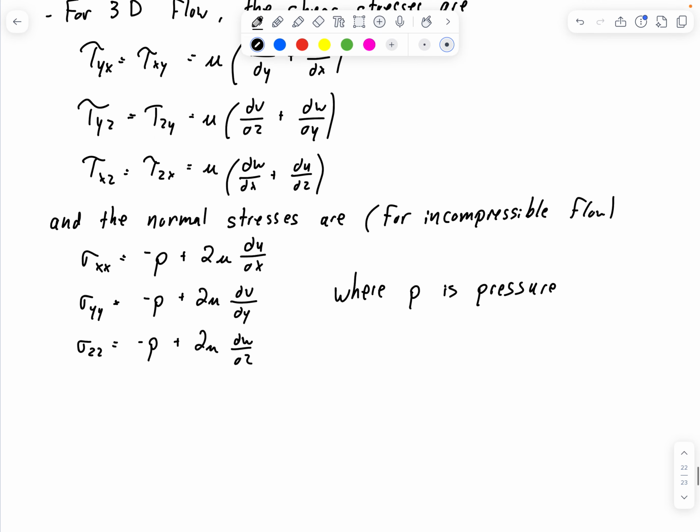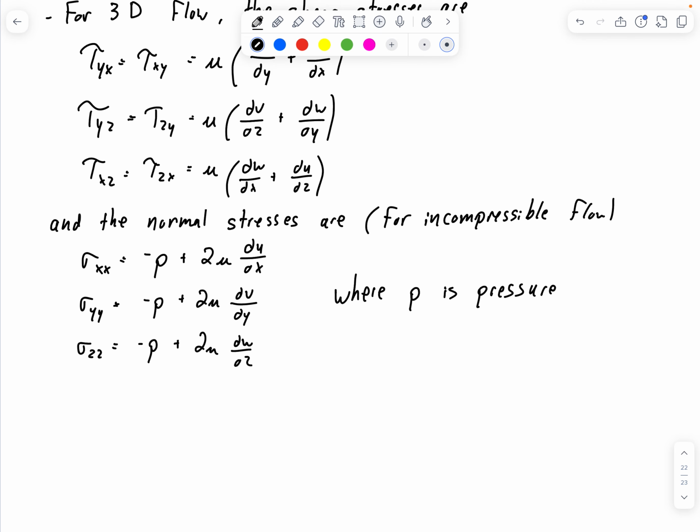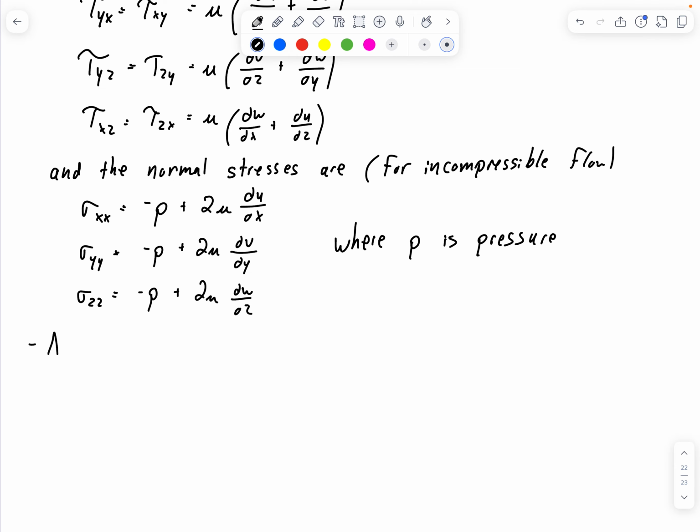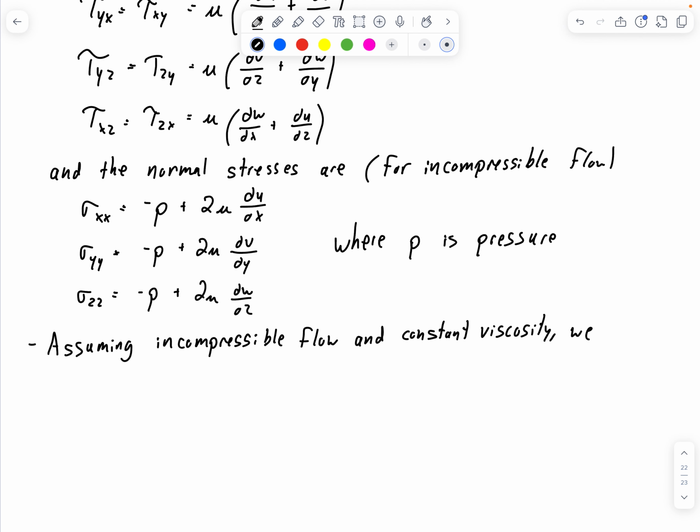So, we're not going to go through the details of how we plug these in and simplify, but as long as we assume that we do in fact have incompressible flow, which means that the density of the fluid does not change, so rho is a constant, and also assuming constant viscosity, so Newtonian flow, then we get the full Navier-Stokes equations.